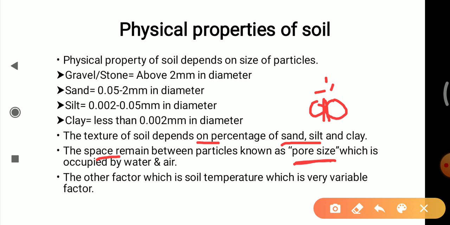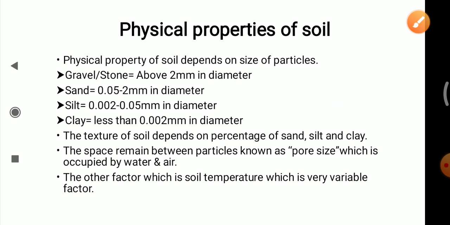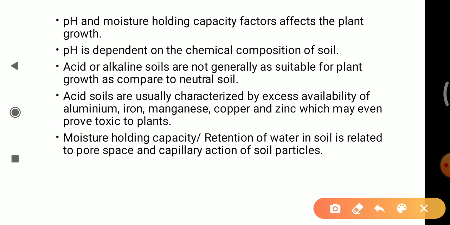The other factor is soil temperature, which is a variable factor. pH and moisture holding capacity also affect plant growth. pH always depends upon the chemical composition of the soil, and the nature of the soil from which it has been derived.